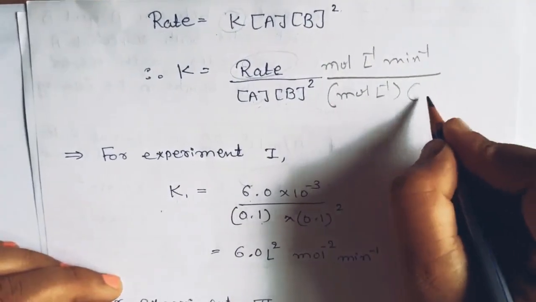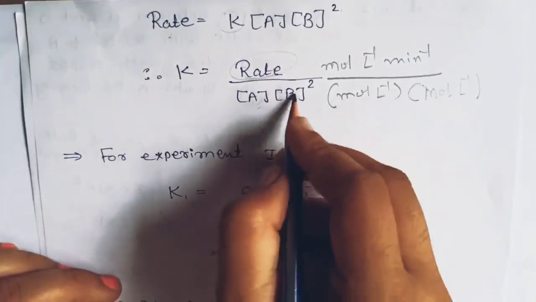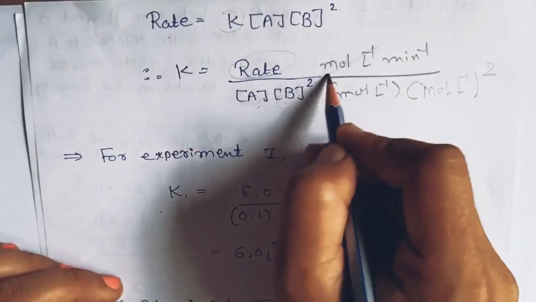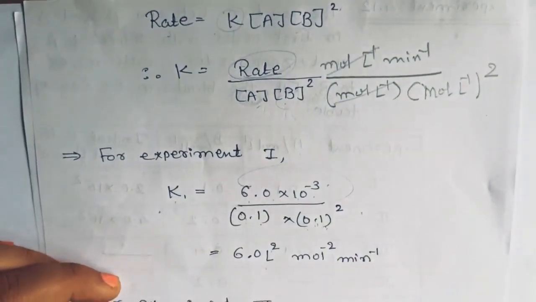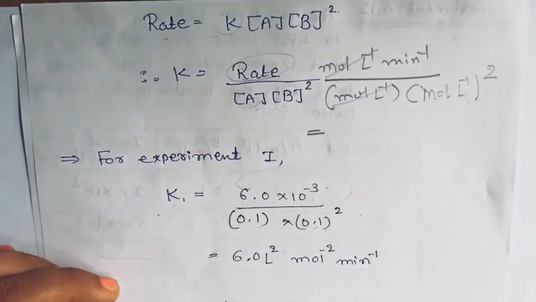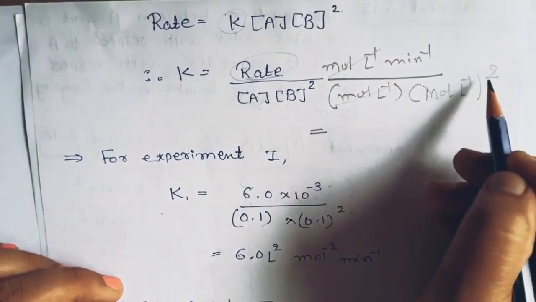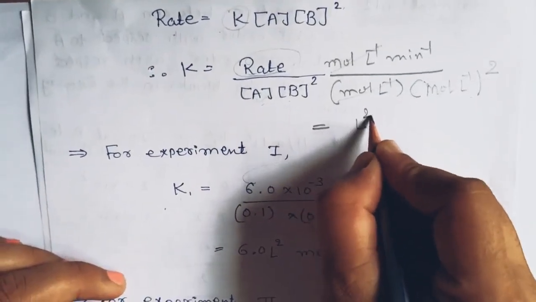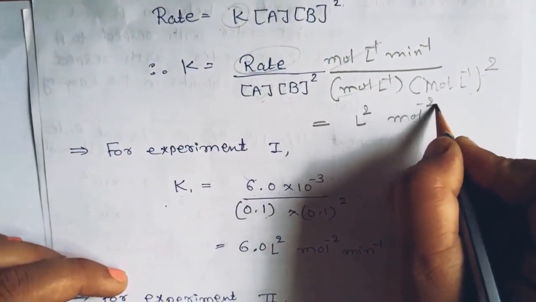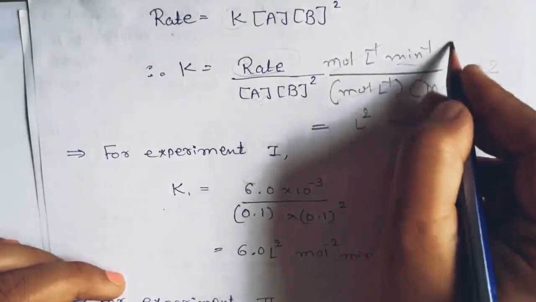Similarly, the concentration of B is also measured in mole per liter, but its power is 2. This mole liter inverse will be cancelled out, and both these terms go in the numerator. So the minus 2 will be converted into plus 2, and you will get mole to the power minus 2, and here the minute inverse will remain.